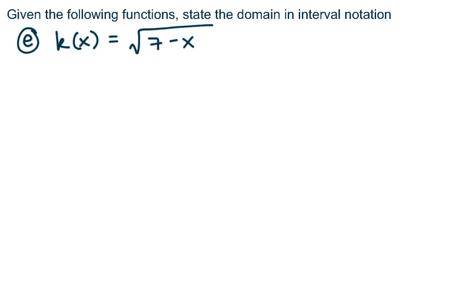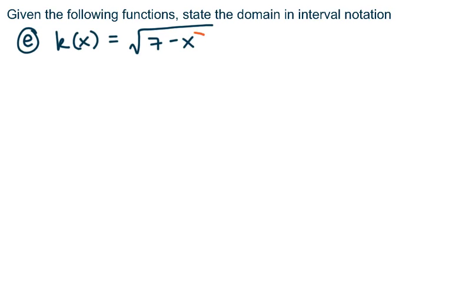All right, example E. K of x equals 7 minus x under the square root. So I have the square root of 7 minus x. I look at this, and this is an even indexed root. When there's no value written, we assume there's a little invisible 2 there. This is the square root.